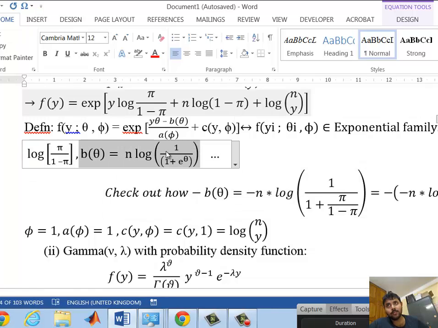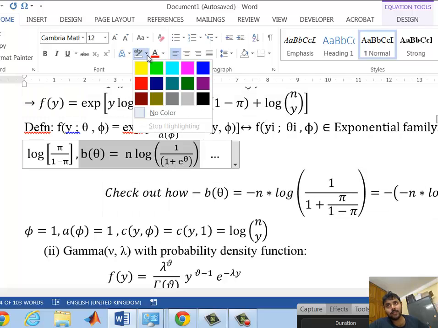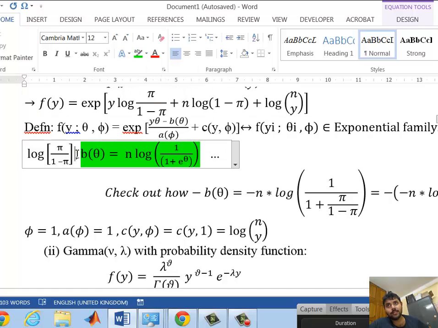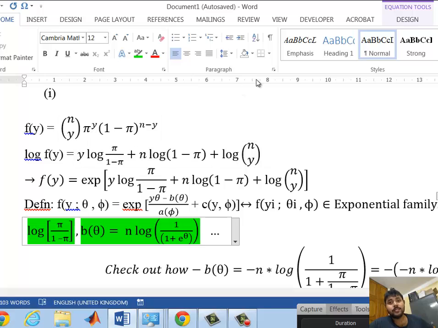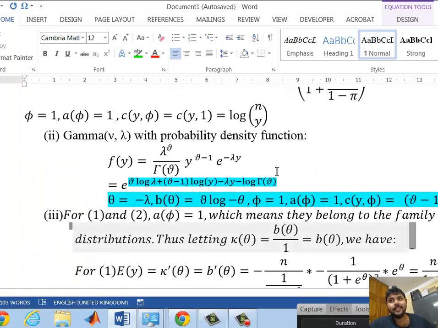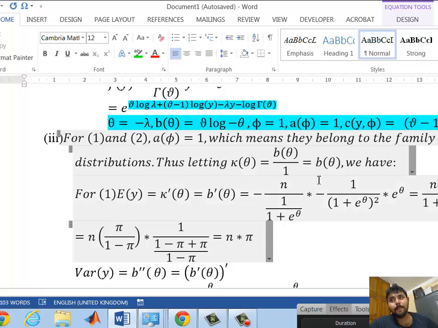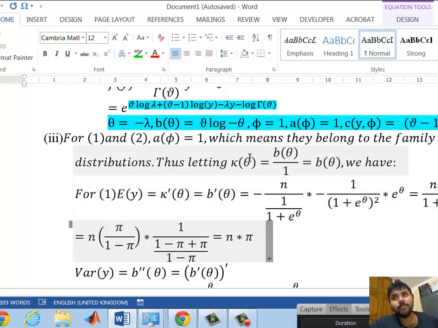So b of theta is n into log of 1 plus e to the power theta, and our theta is, again, what is our theta? So we'll do this substitution. First I find b prime of theta. So that is what is meant by kappa prime of theta.